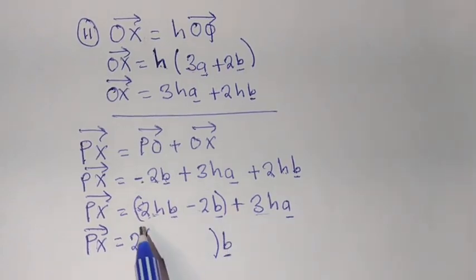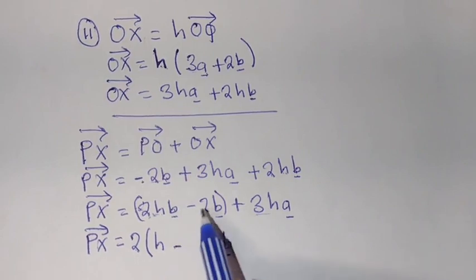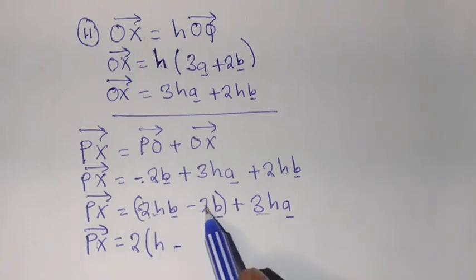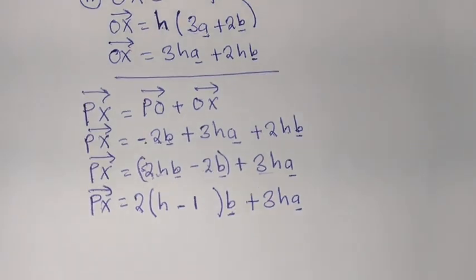Okay? So if you remove the 2 here, you remove the B here, you remain with the H. Minus the 2 is here, the B is there. So 2B is outside. So 2B into this 2B, you remain with a 1. Then plus 3HA vector.